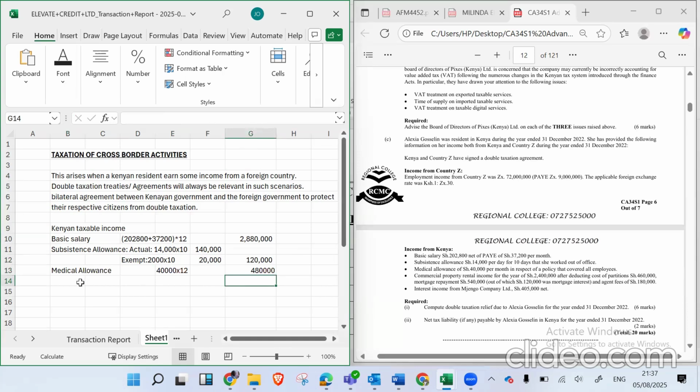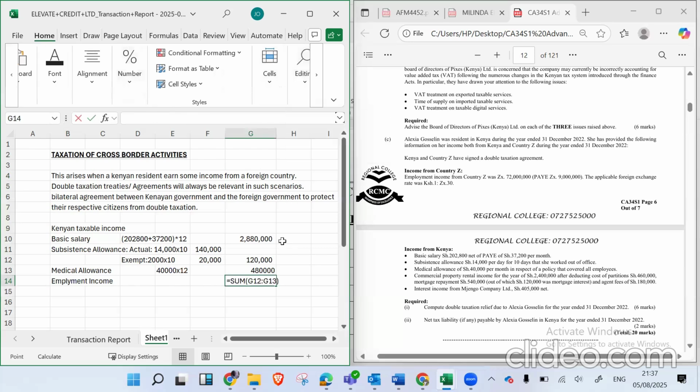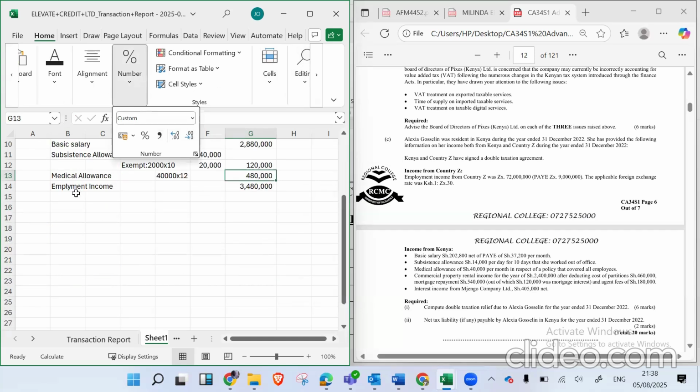After medical allowance, so you have employment income. From employment income, we have that. We bring in other incomes.